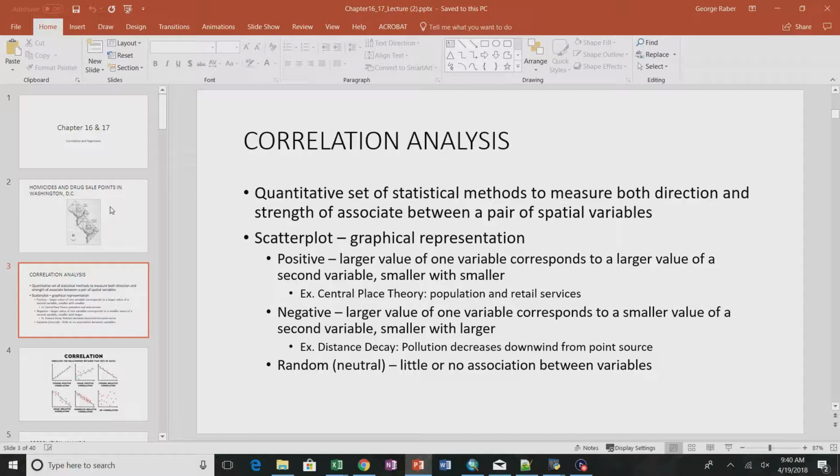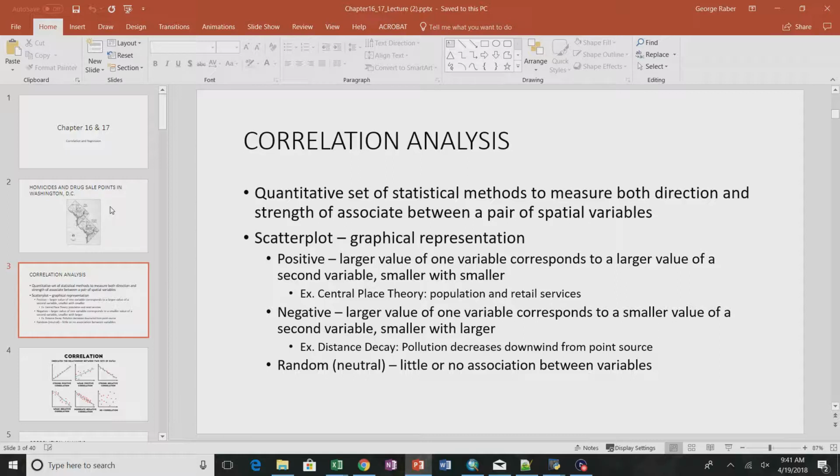So smoking and lung cancer co-varied with each other. We may not have known the medical cause for that, and I'm not a medical researcher, but those two variables co-vary, and that's not necessarily a spatial example. That's just looking at a table that would include a bunch of people and their smoking history and their medical history.